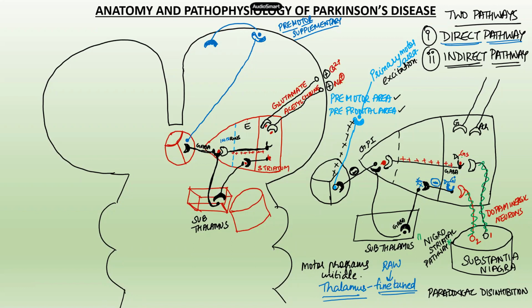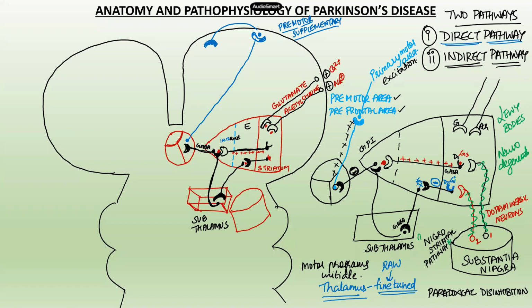With age, or with certain toxicities in the body, or through radical influences or some toxins, there will be neurodegeneration of this pathway. If you go into the pathology, you will find accumulation of Lewy bodies. So when that happens, these neurons get destroyed or degenerated.